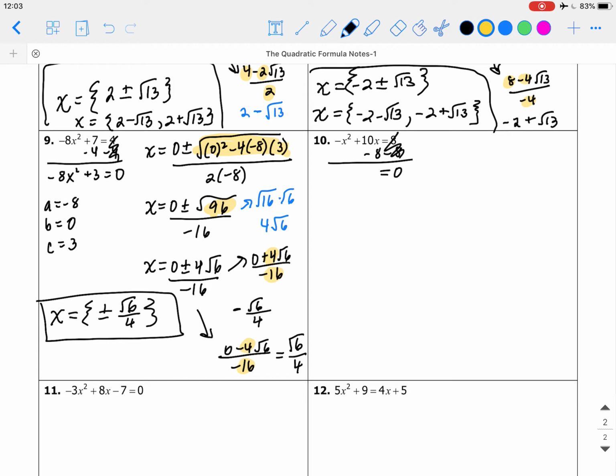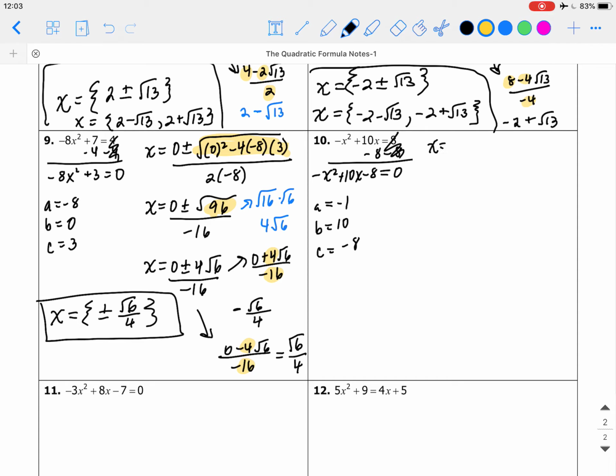So I'm going to have negative x squared plus 10x minus 8. Okay, so let's go ahead, let's label our a, b, and c. A will be negative 1, B will be 10, and C will be negative 8. Okay, so we are ready to go ahead and plug into our beautiful little equation.